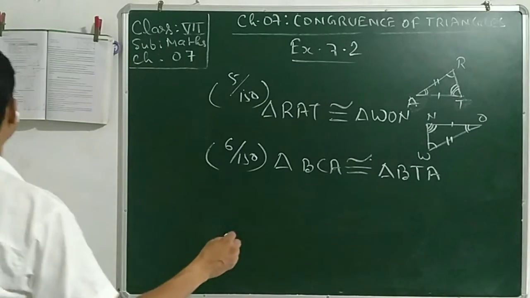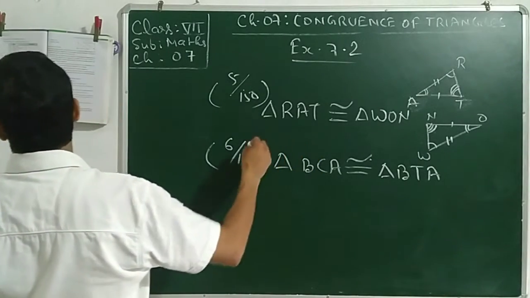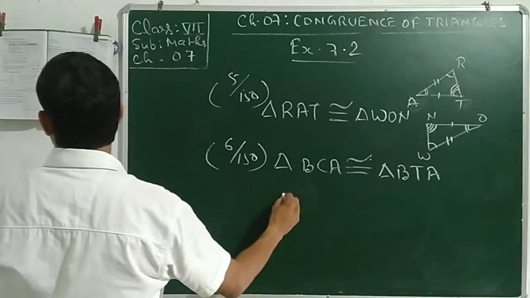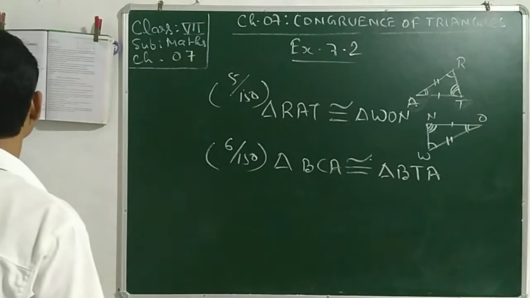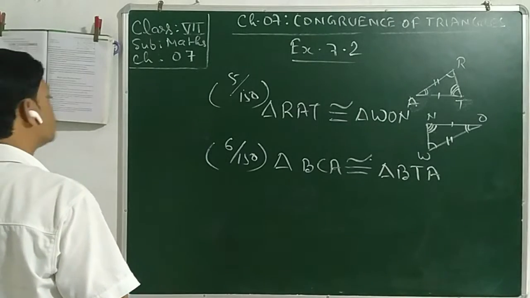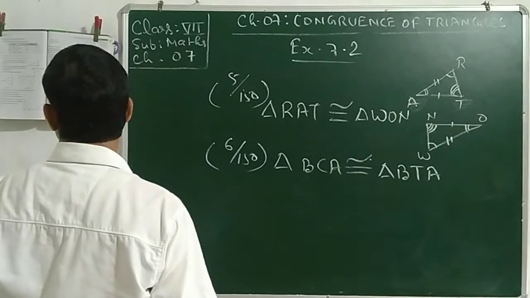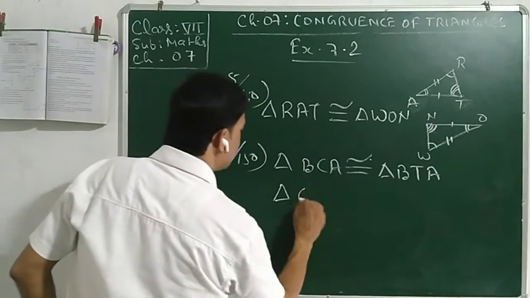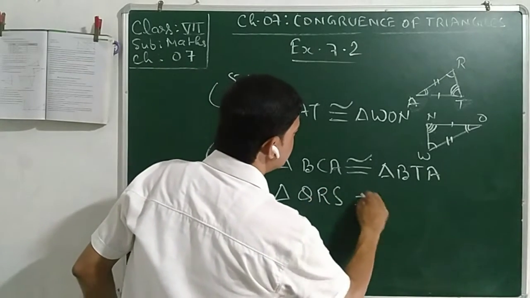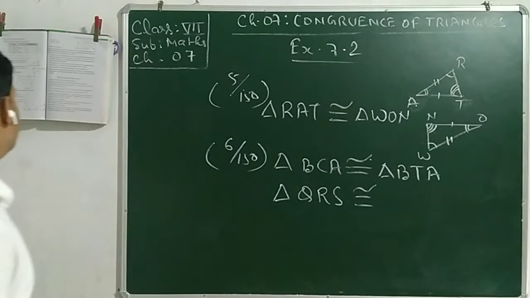And this was the first figure, and in the second figure, triangle QRS, that will be congruent to, if you look carefully, Q, R and S.